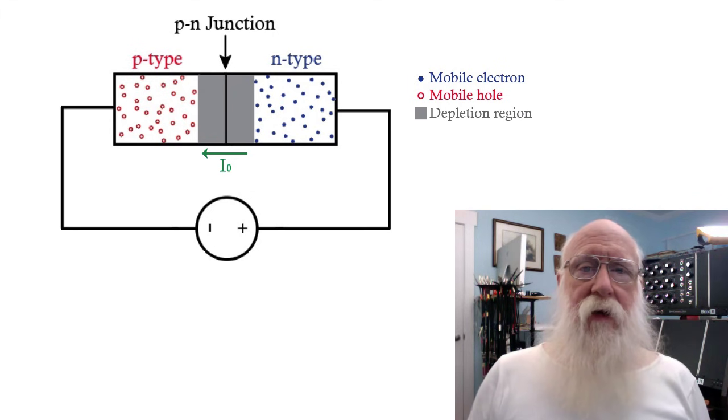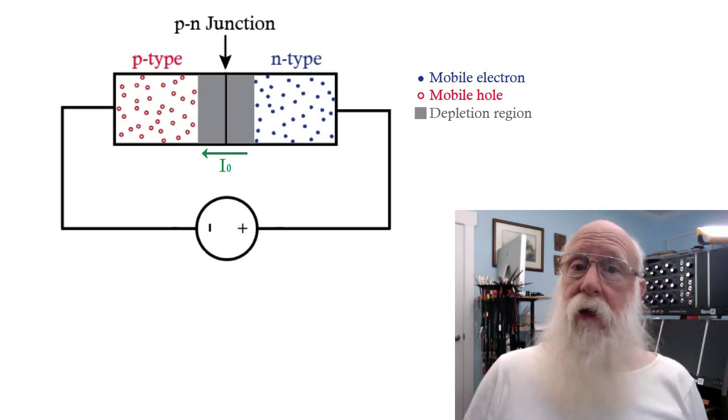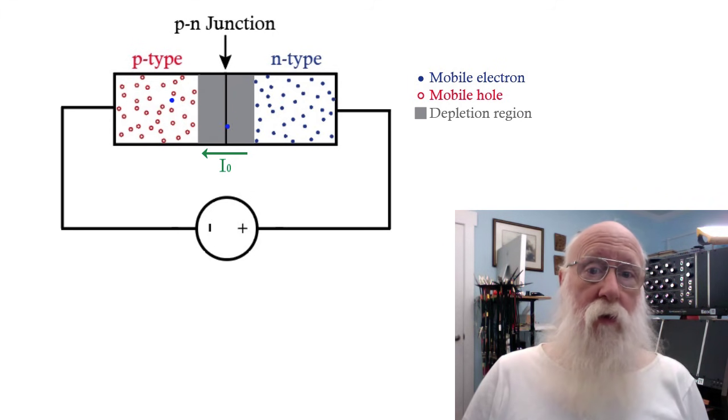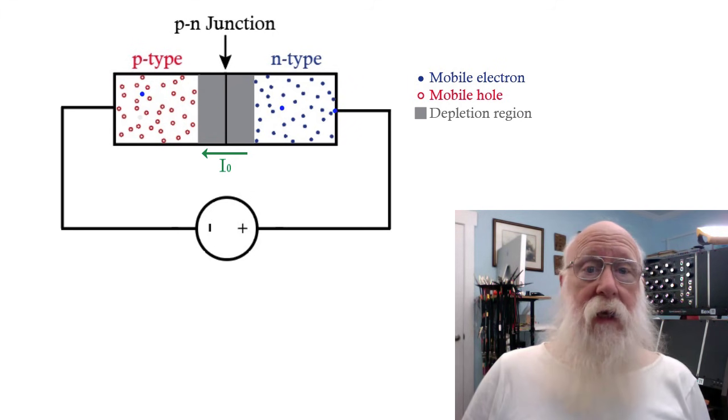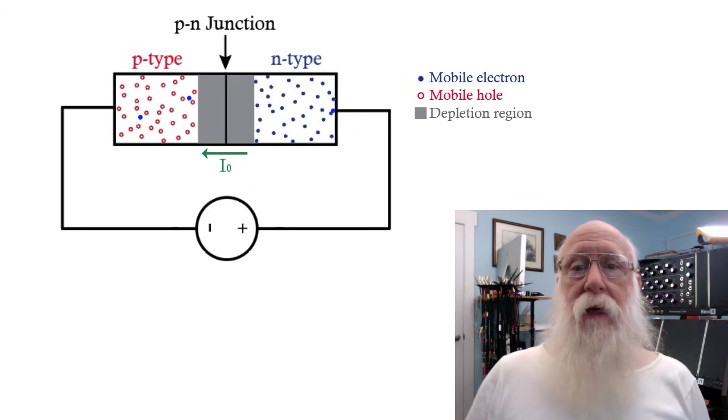In the p-type material, heat energy actually knocks an occasional electron out of its orbital, and then it's free to move around under the influence of the electric field supplied by the external voltage source. Since the p-type is connected to the negative supply, then the electron accelerates toward the junction and can cross the junction and then is attracted to the positive supply. Thus you get a little bit of current.